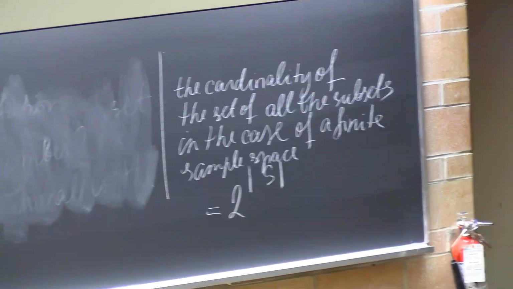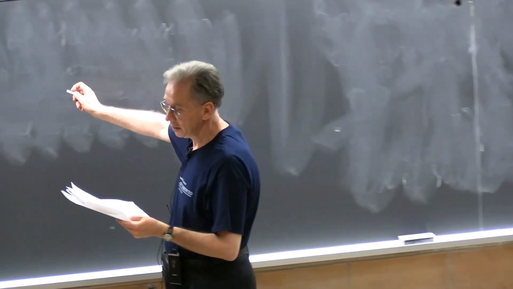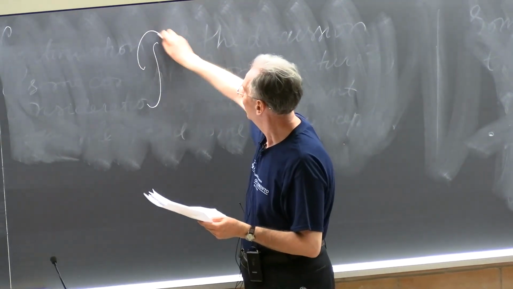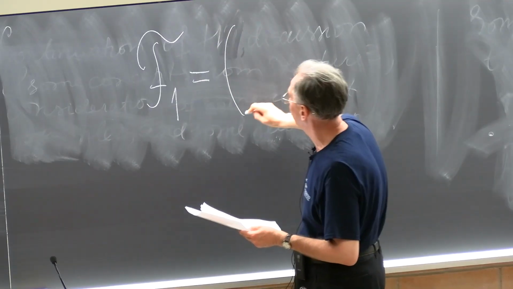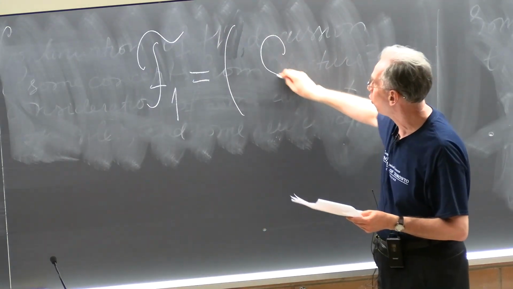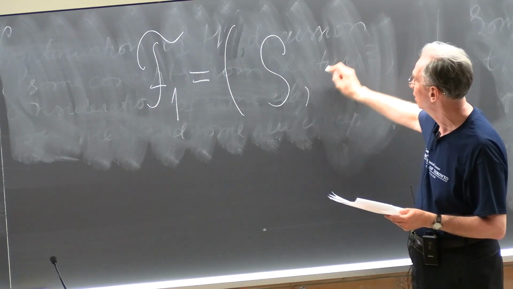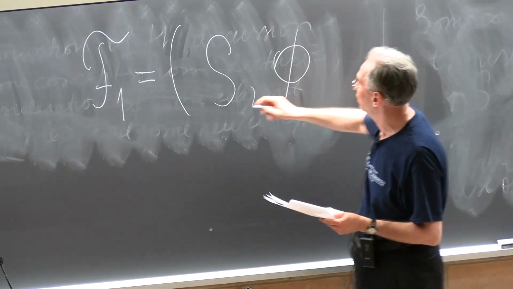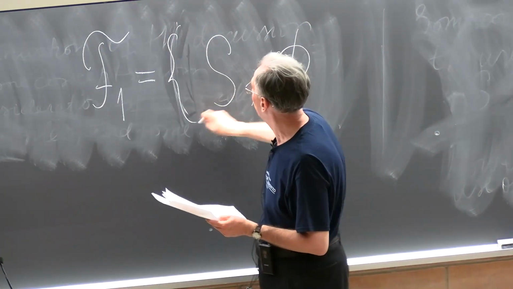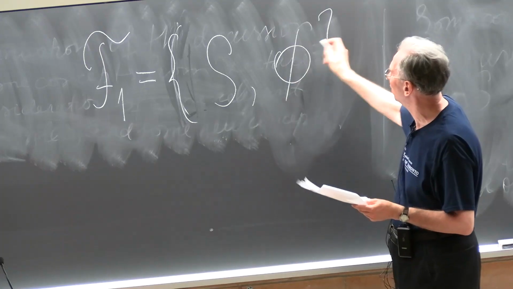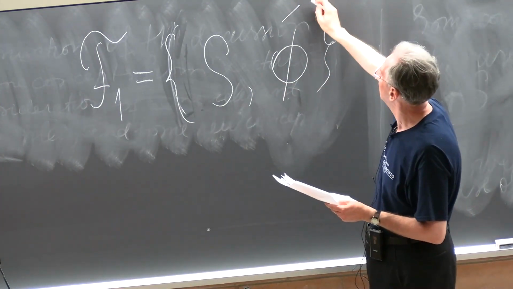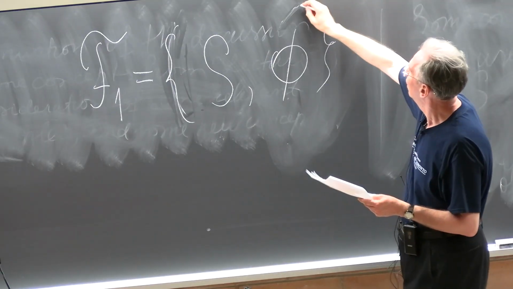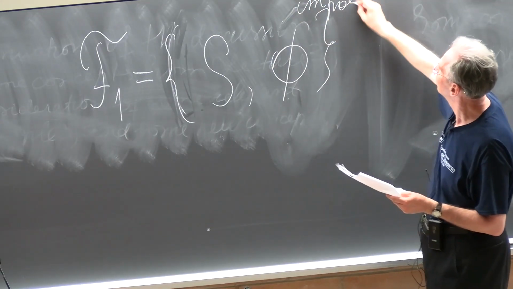Now, I consider script F1, which is comprised of just 2 events, the whole sample space capital S and the empty set, slashed O. So S and the impossible event.